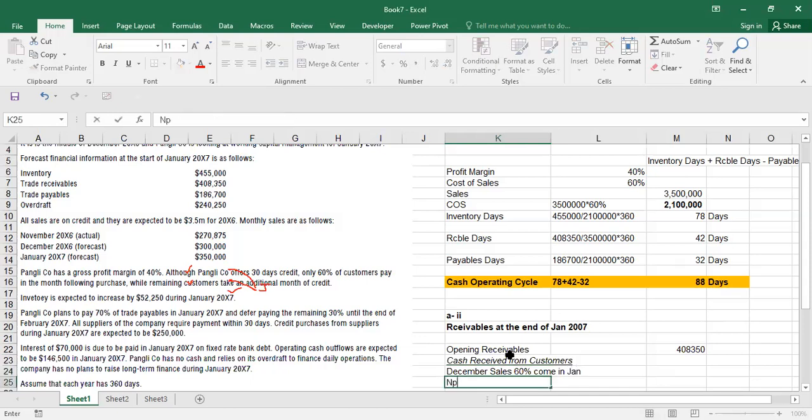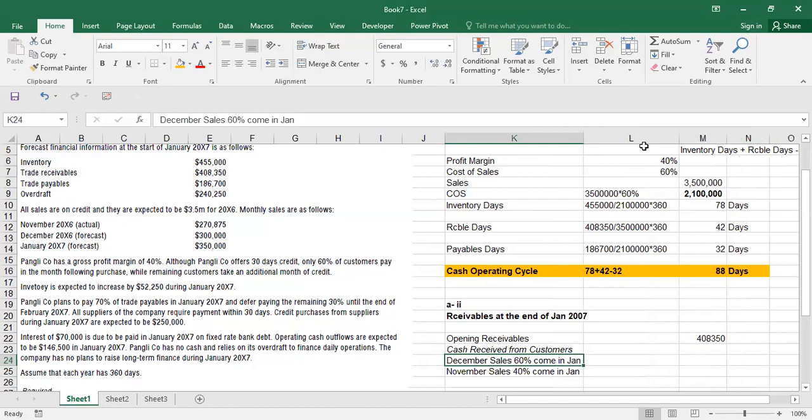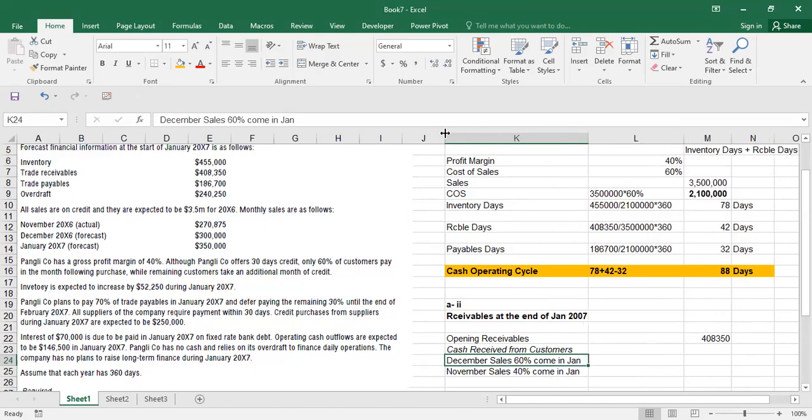And November sales, 40% come in January. January sales, you will not receive money. The goods which you sold in January, those customers will not pay. They will pay somewhere in February or March.